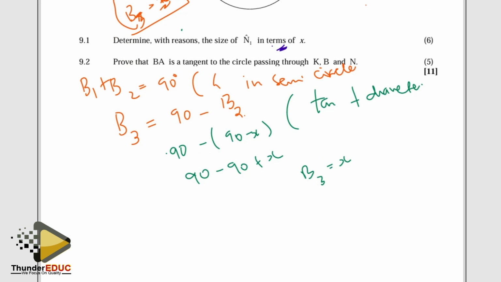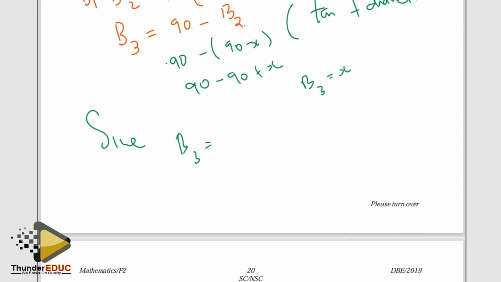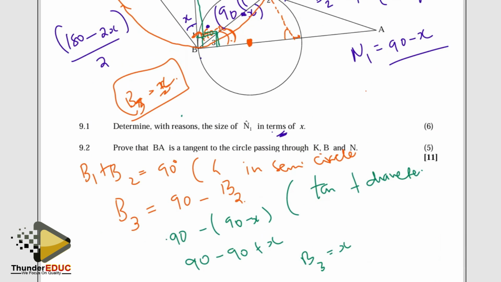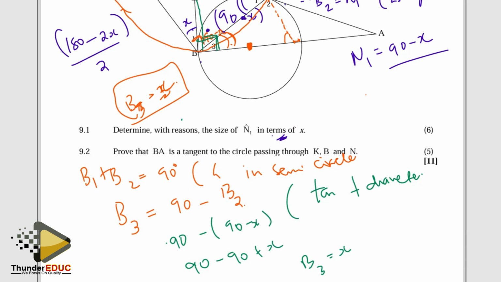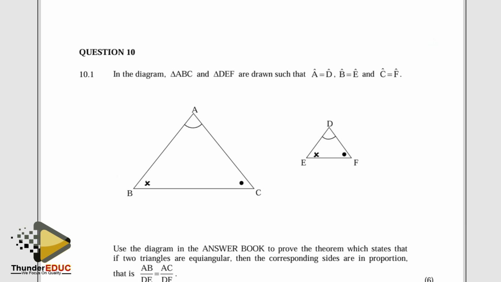Now, since B3 is the same as K, which is x, therefore that line BA is a tangent. The reason, I'm going to say, is the converse of the tan chord. All right, so that is question number 9.